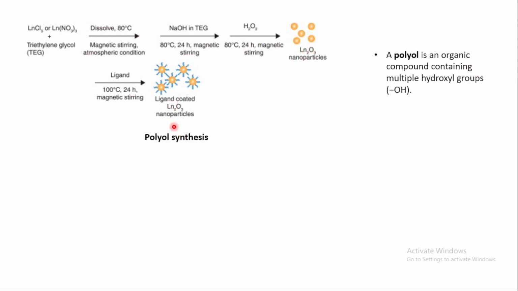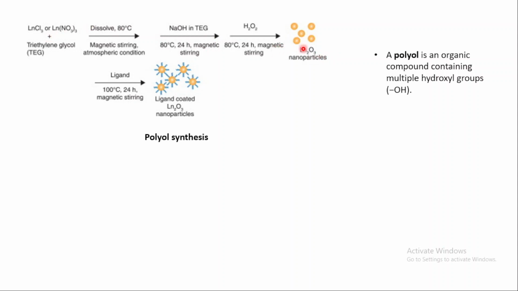In the polyol synthesis method, all these reactions happen inside a round bottom flask where heat is supplied along with magnetic stirring and different pressure and temperature conditions, where we stir these solutions in the presence of the polyol, which is triethylene glycol, TEG here, along with other elements to form the metal oxide nanoparticles.